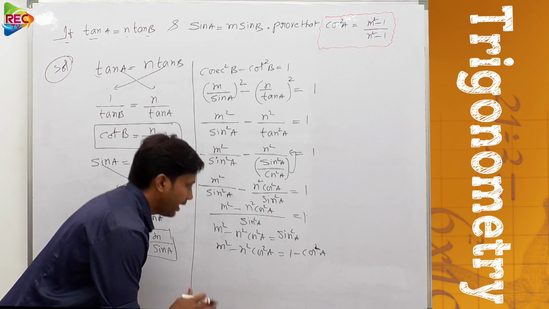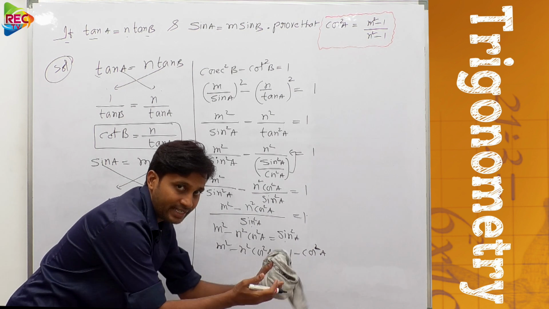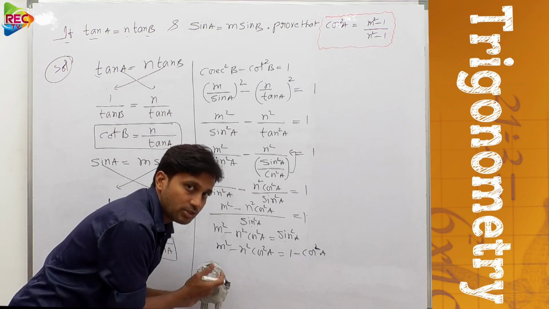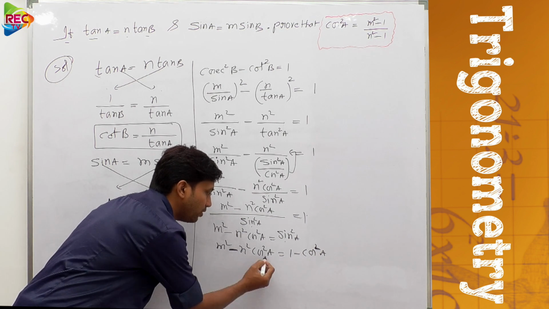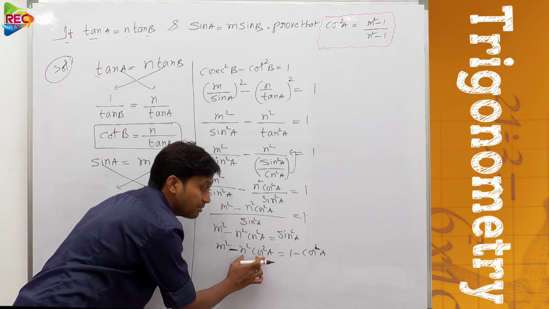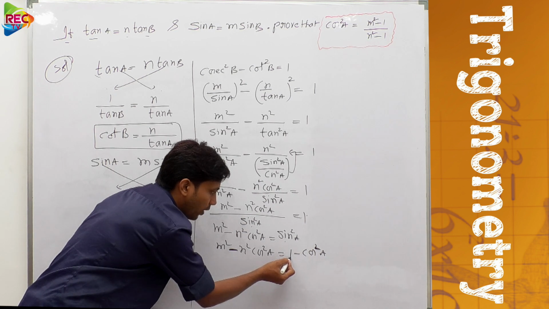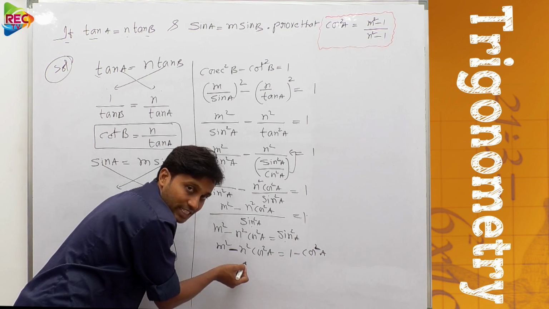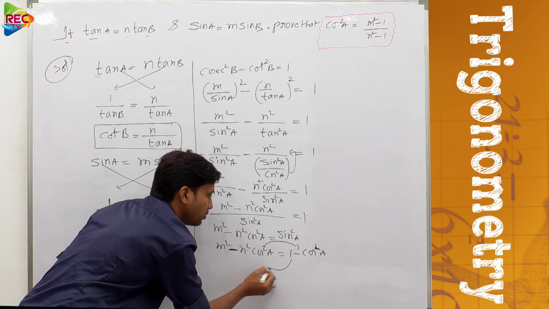Just see again, bring all the cos square terms to one side and bring the constant terms to the other side. So here, minus n square cos square A, if you bring this to this side, becomes plus n square cos square A, and here if you bring this 1 to this side, 1 becomes minus 1. So we are bringing this to this side and 1 to this side.